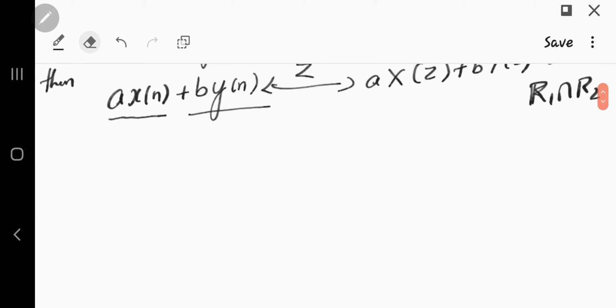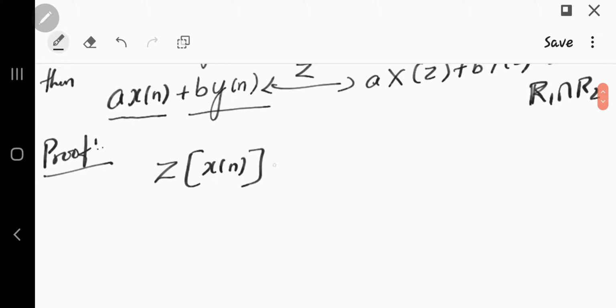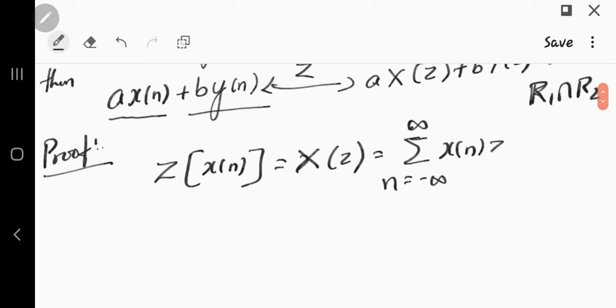Now based on this, let's take the proof of that. Z transform of x of n is nothing but x of z. That is given by summation n equals minus infinity to plus infinity x of n z to the power of minus n.